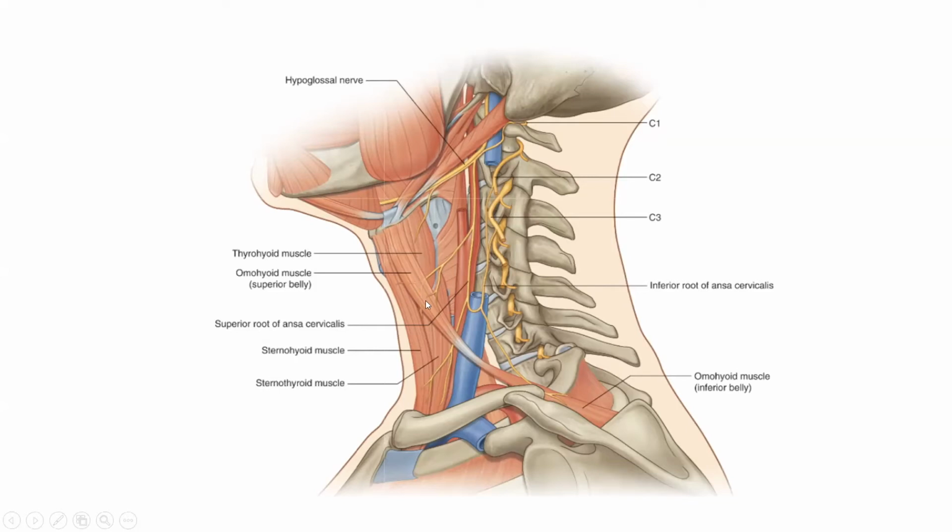But the rest of the infrahyoid muscles, which are the omohyoid muscle, sternohyoid and the sternothyroid muscle, are innervated by the branches of the deep ansa cervicalis.